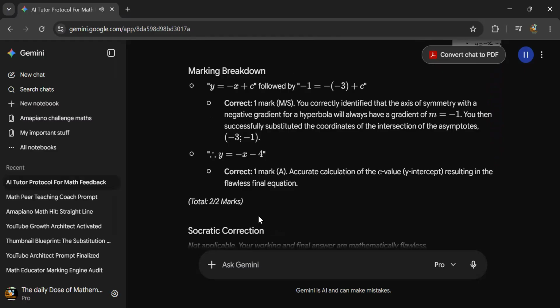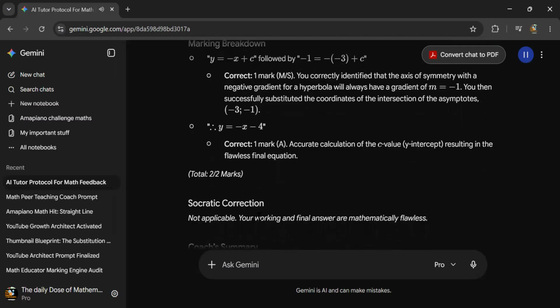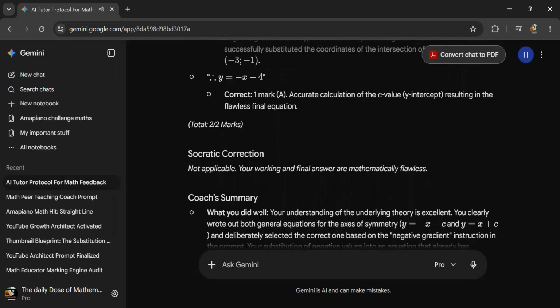Therefore y equals -x - 4. Correct. 1 mark, A. Accurate calculation of the c-value, resulting in the flawless final equation. Total, 2/2 marks. Socratic correction: not applicable. Your working and final answer are mathematically flawless.